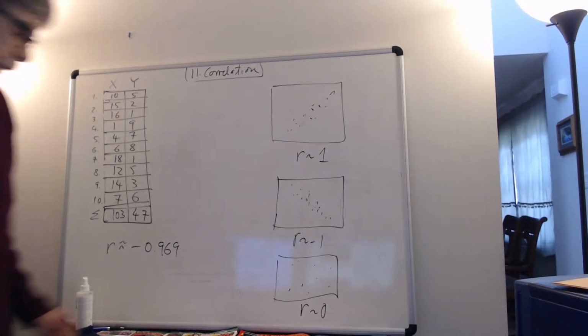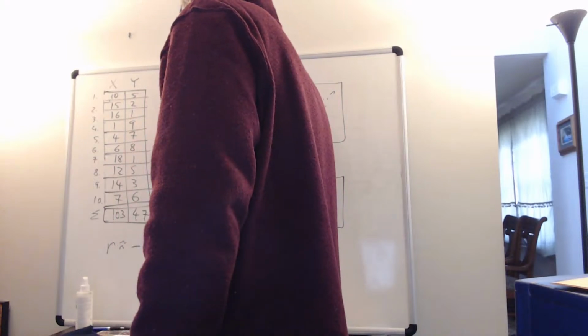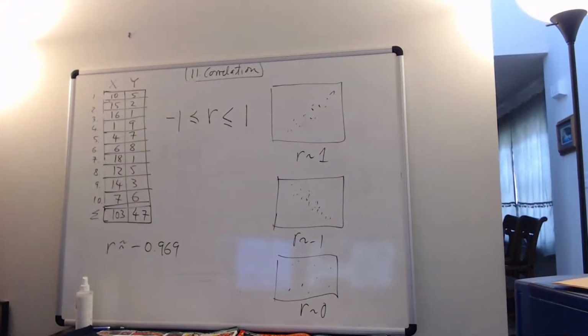So there are a couple of things you need to know about R, right? R will always be a number between 1 and -1. Now that's a calculus fact. As a matter of fact, this is something you can prove with just using algebra. I am not going there.